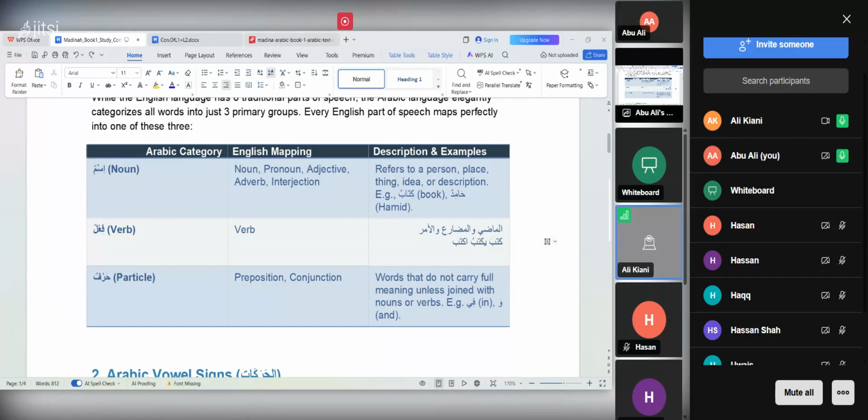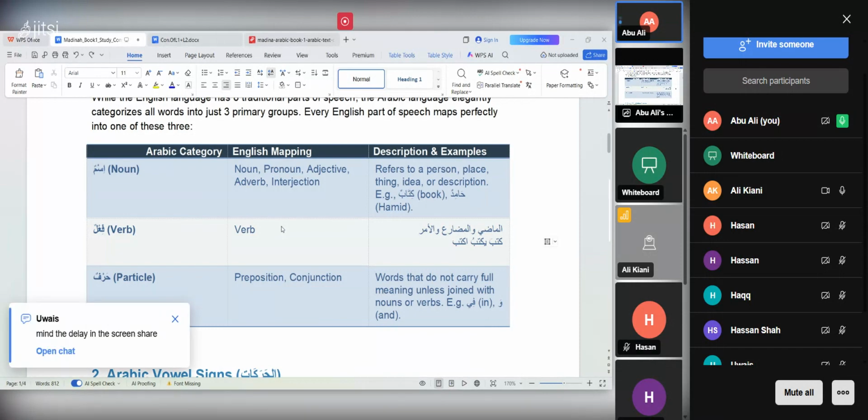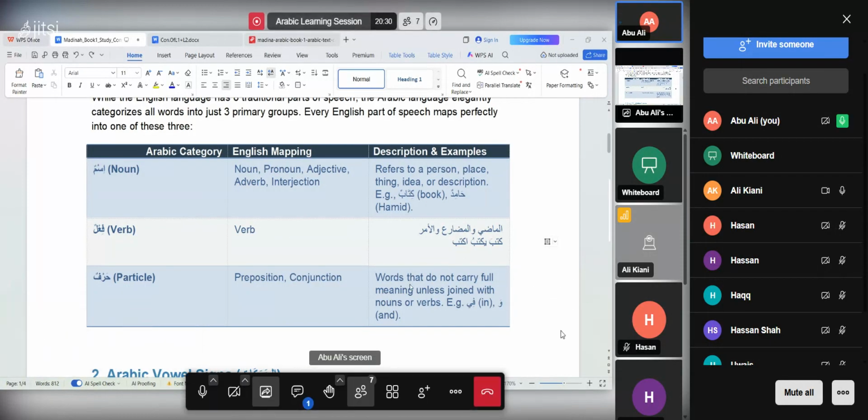Past, present, and I think you said future or imperative. No, it's imperative. You're giving an order. This is not something to describe the future. You can describe the future with the present tense. The present tense in Arabic also describes the future.